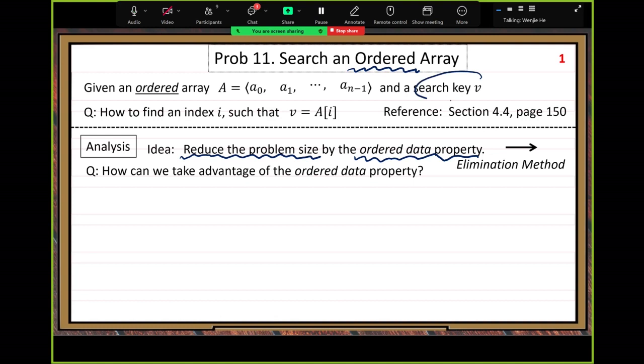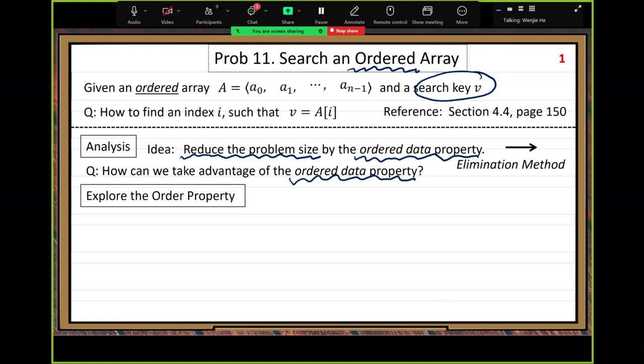The search key is somewhere in the given array, and we need to have some idea about its location. So we want to make that prediction. When we make that prediction, we need to use this ordered data property. Okay, all right. So let's see how to do it.